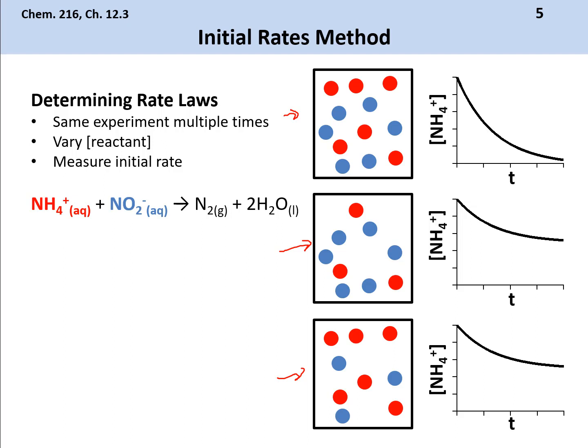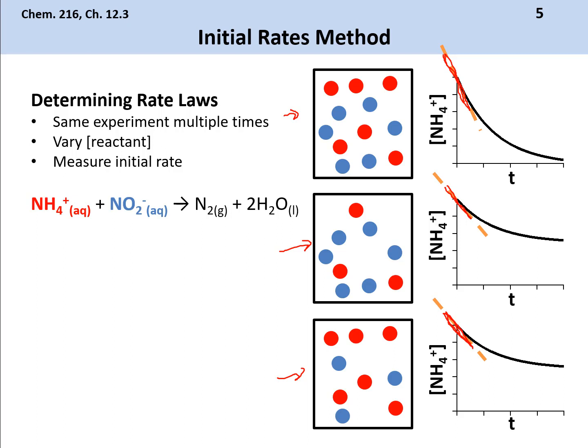And notice what happens. If I look at the initial rate, that's what's happening at the very beginning. And that's what I'm signifying by these curves, right? So at the very beginning, I'm asking, what's the rate here? That's the initial rate.